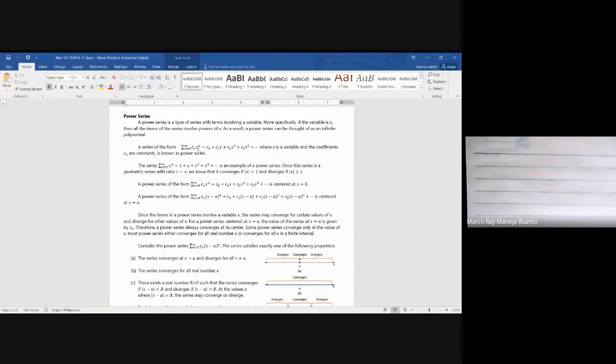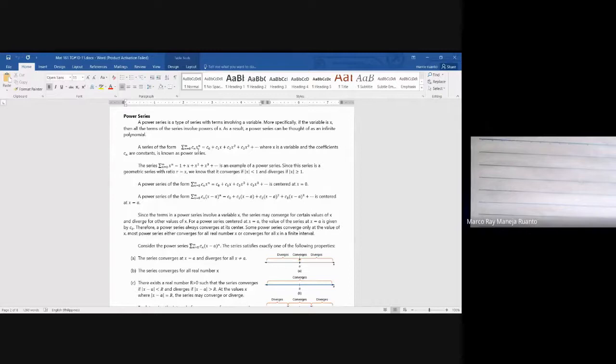Okay, what is the purpose? Why do we have this sequence and series? We wonder what the use of sequence and series is.